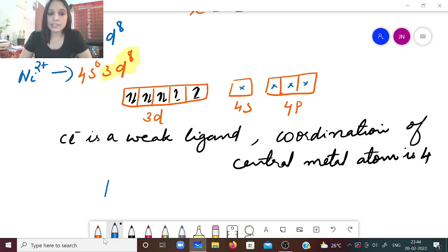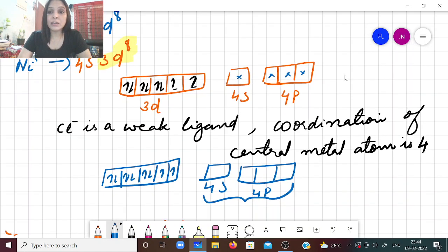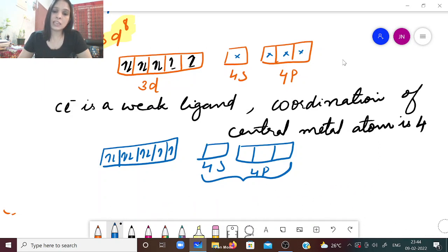So what will happen? Once again, I am drawing. This is 3d, in which 3 are paired and 2 are not paired. Next is 4s and next is 4p. These four orbitals will get hybridized. Hybridized means they will mix up to get hybridized orbitals of the same energy.